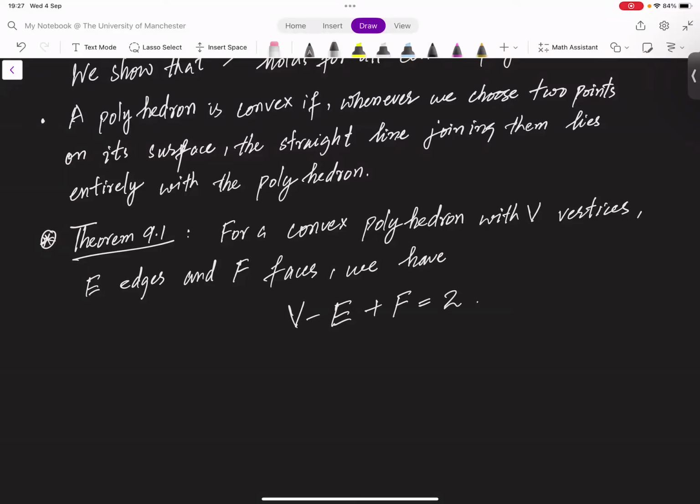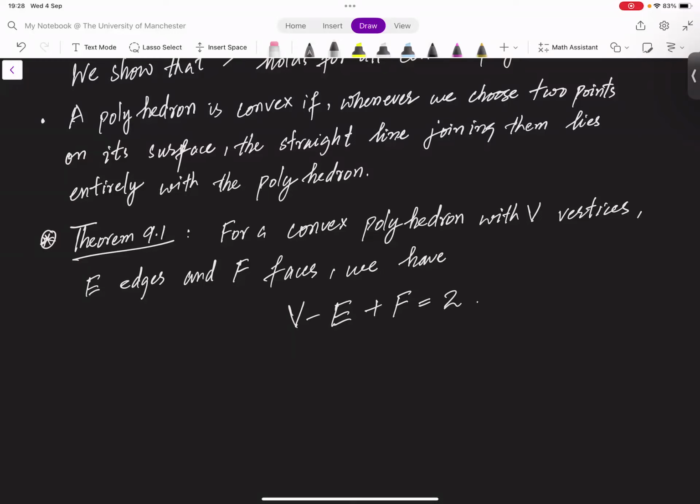Now, as I said, we shall prove this result by induction. I've mentioned this before in my previous part of this chapter. Somehow we have to design a suitable statement to prove by induction.